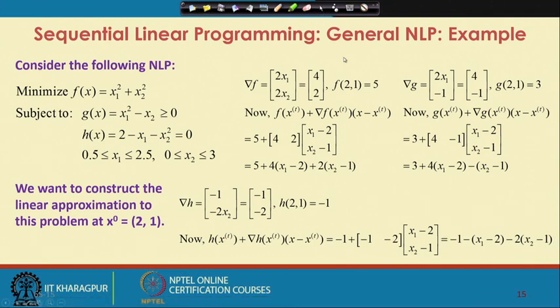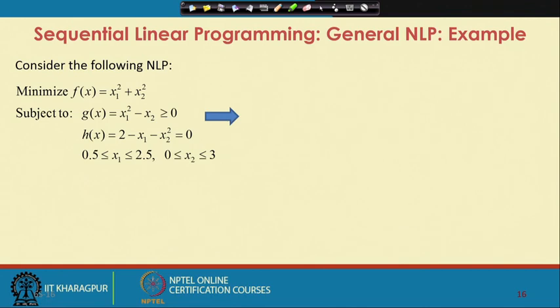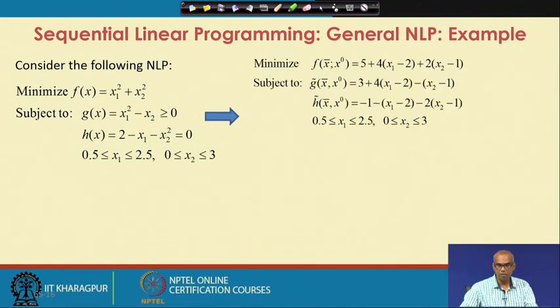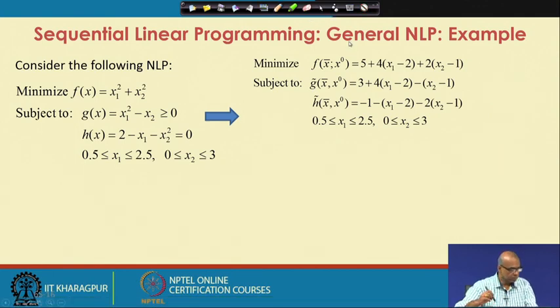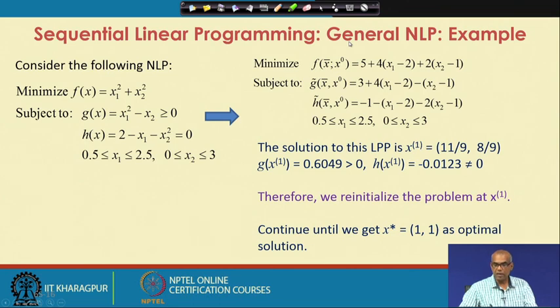When you put all these things together, we get this linearized problem for the original nonlinear programming problem. This linearized problem or the linear programming problem has a solution 11 by 9 as x 1 and 8 by 9 as x 2.